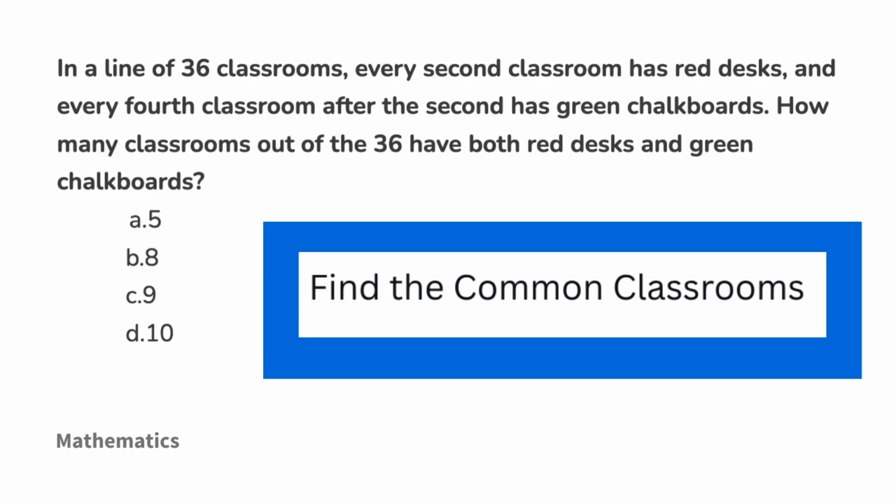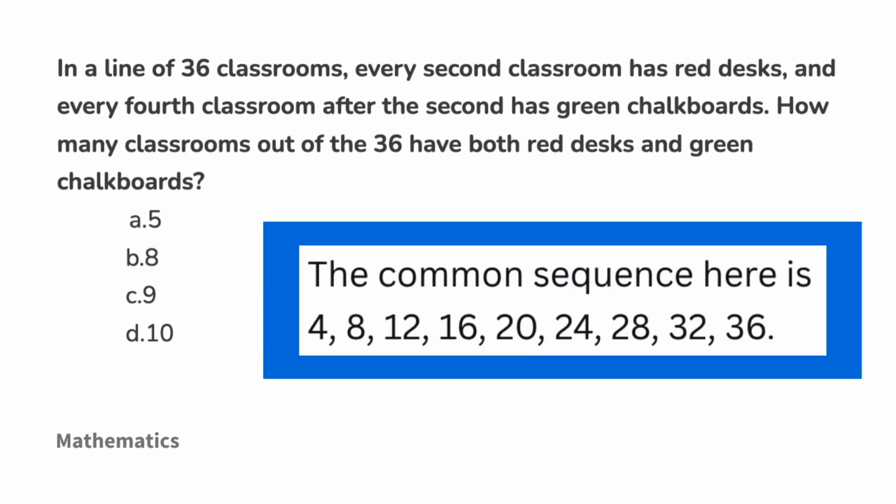In order to do this, we'll need to find the common elements in the two sequences. Again, red desks and green chalkboards. Common classrooms will have numbers that are multiples of both 2 and 4. Therefore, the common sequence here is going to be 4, 8, 12, 16, 20, 24, 28, 32, and 36.